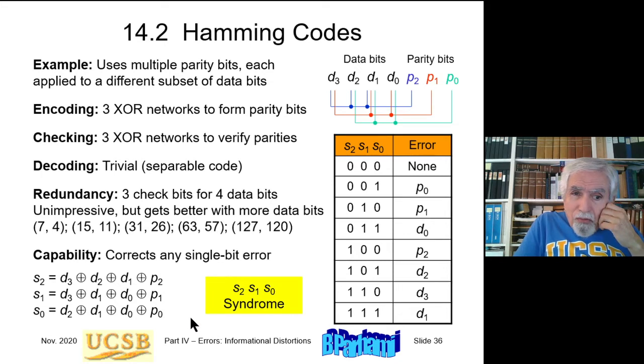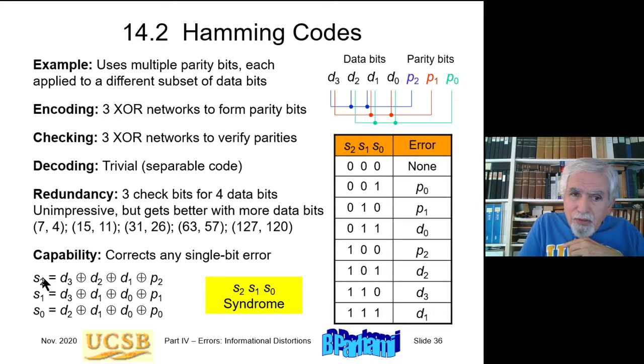Okay, so for example, if this parity check fails, so S2 equal to 1, S1 equal to 0, S0 equal to 0.